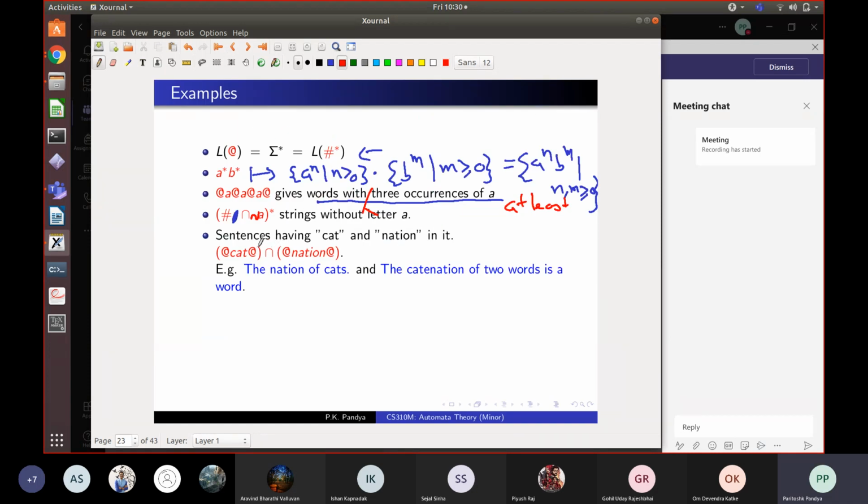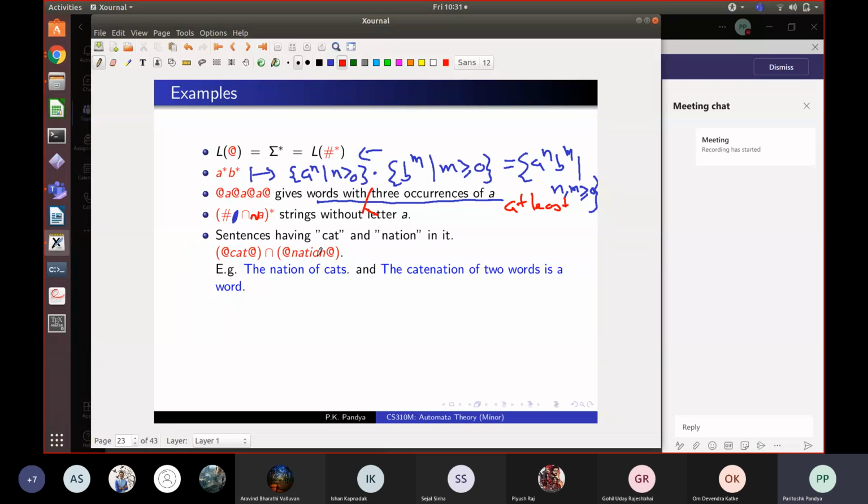Okay. Now here I want to define sentences. Sentences are just strings of alphabet symbols like dot, comma, etc. and blank. So a sentence is also a word in formal language theory, right? It's a sequence of symbols, including the symbol blank. And I want to talk about sentences having cat in it and nation in it.